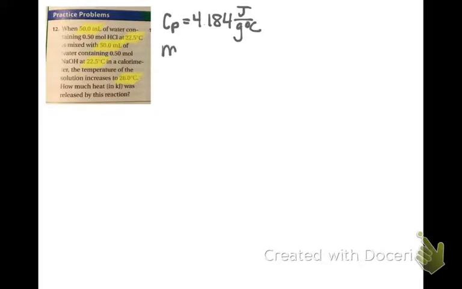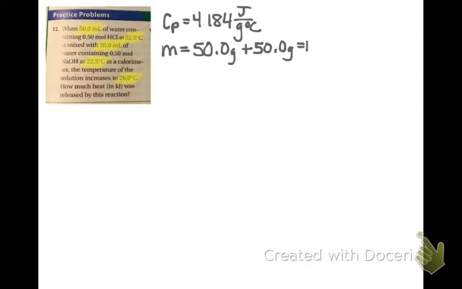We also know the mass of the water. We have 50 grams. Remember, I can just take the milliliters, as long as it's milliliters. If it's liters, I have to convert to milliliters. But I can take the milliliters and convert it right to grams. I'm multiplying by the density of 1, so I'm not going to show you that math because we've done that before.